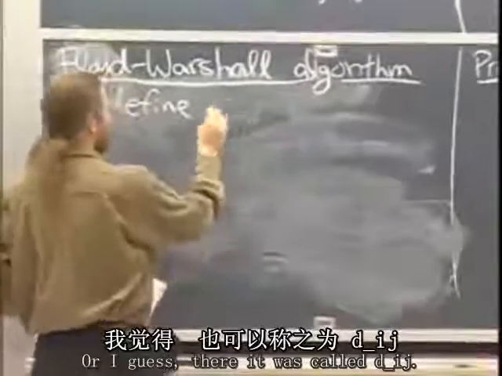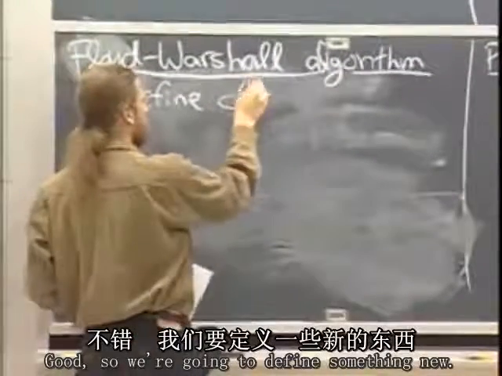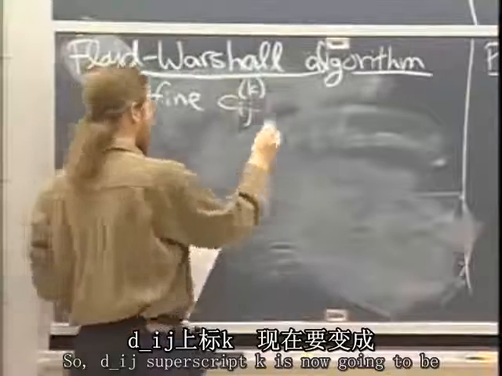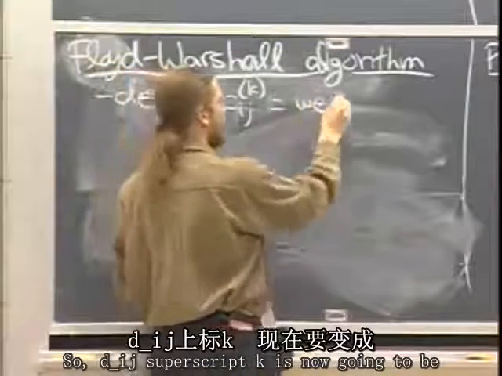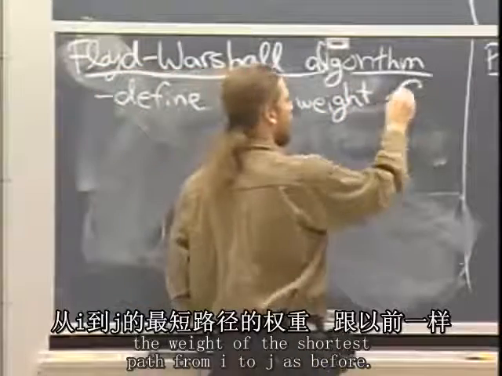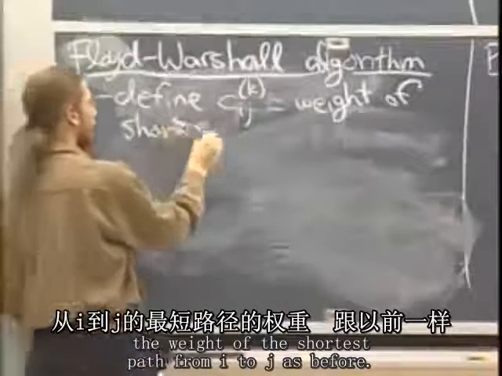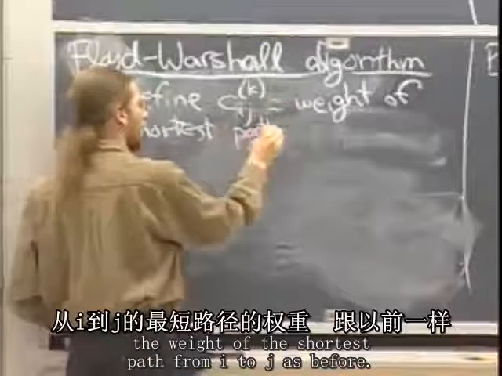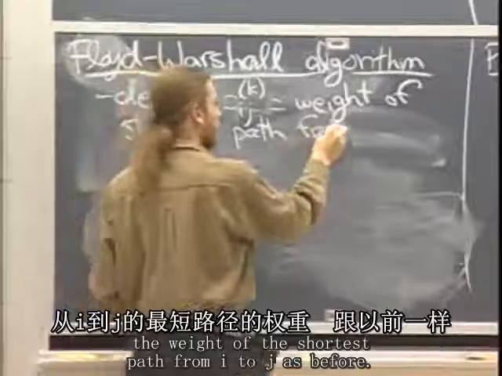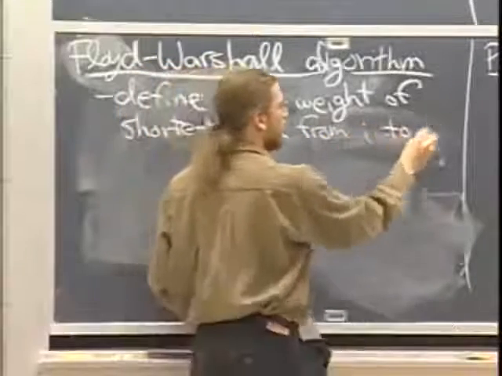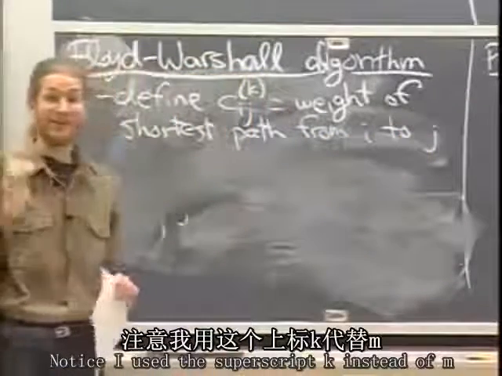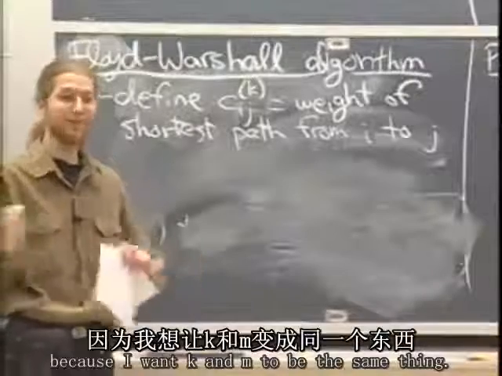Good. So we're going to define something new. So Cij superscript k is now going to be the weight of the shortest path from i to j as before. Notice I used the superscript k instead of m because I want k and m to be the same thing.